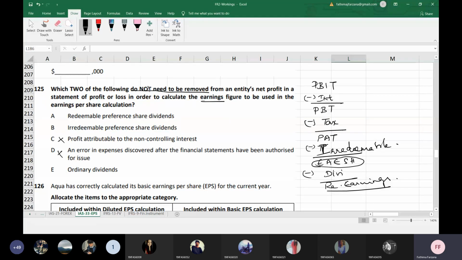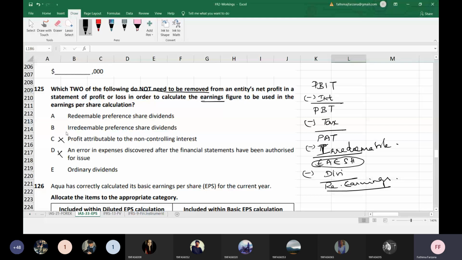Which need to be removed, if these things are appearing? Tell me that. Then we'll go in reverse. Profit attributable to non-controlling interest needs to be removed, right? And the expense also needs to be removed. Now coming to ordinary dividend, leave that.